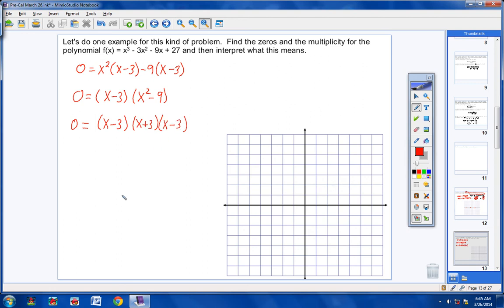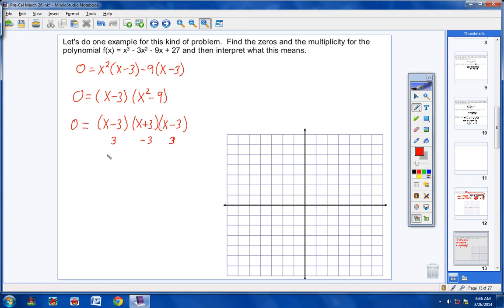And there we go. So we took the polynomial function, set it equal to 0, factored, and now we know our zeros are going to be +3, -3, +3. Okay, so do you see what we have? Let's come over here and interpret what we did using multiplicity.